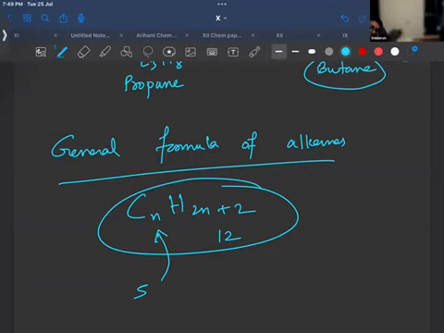One last question. Why is butane not called quadrane? I mean, quadro means 4. I cannot answer. This is nomenclature.